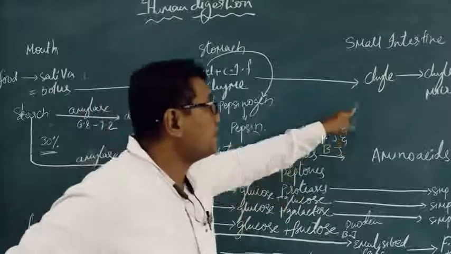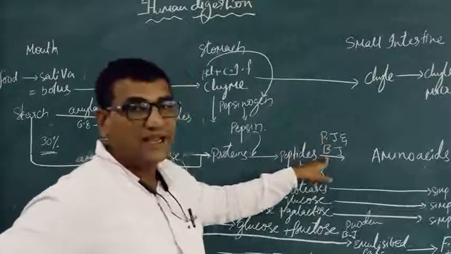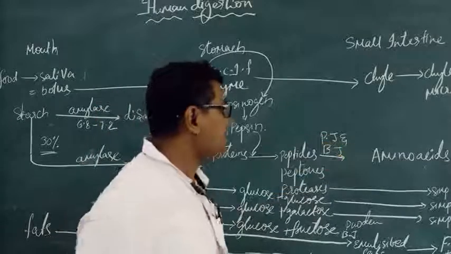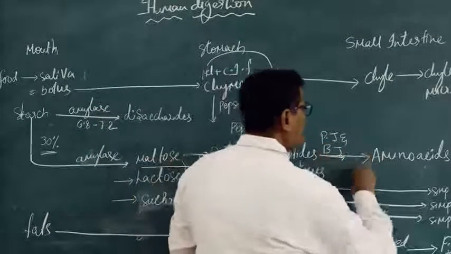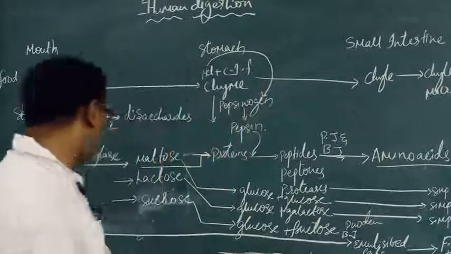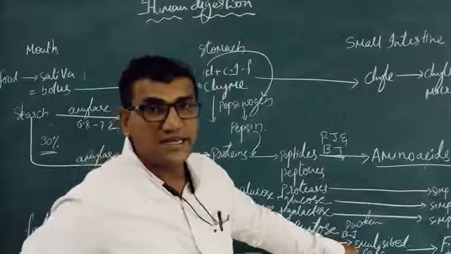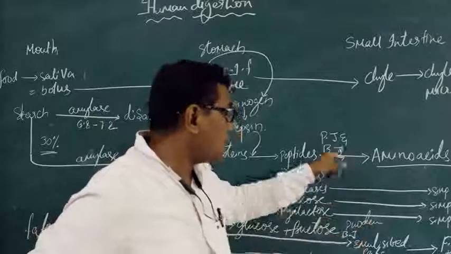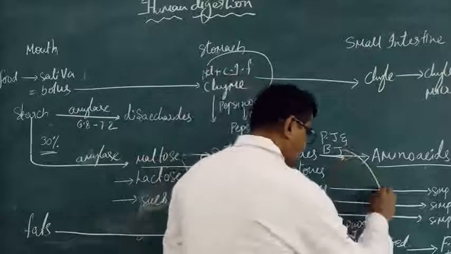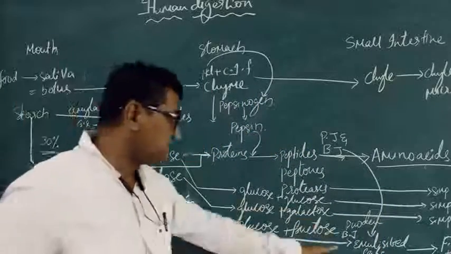They enter into the small intestine. At the same time, the pancreatic juice and bile juice are applied and they are converted to amino acids, which are readily absorbable. At the same time, fats which enter the mouth will not be digested till they reach the duodenum. There, because of the action of bile, the fats will be converted to emulsified fats.